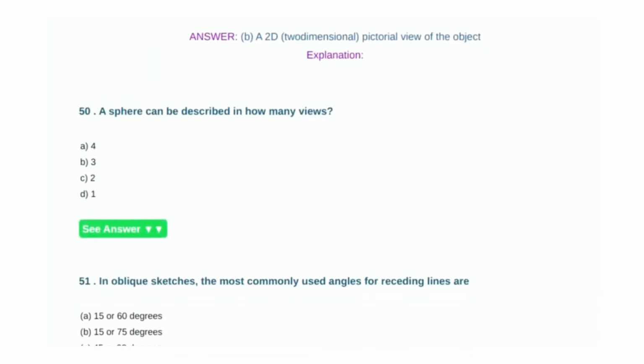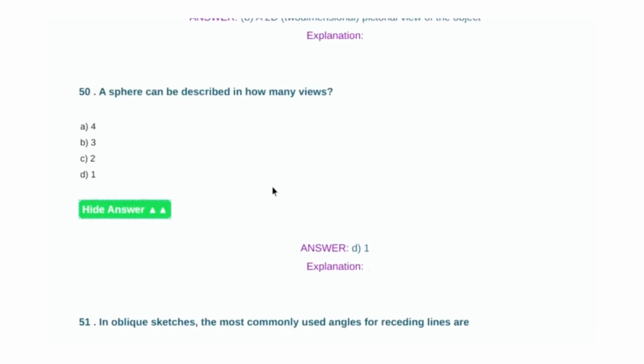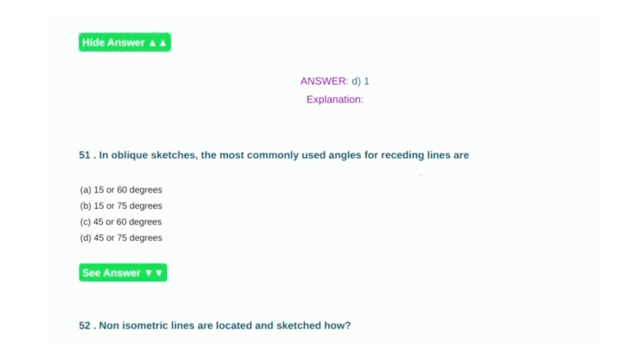A sphere can be described in how many views? One. In oblique sketches, the most commonly used angles for receding lines are 15 and 60 degrees, 15 and 75, 45 and 60.